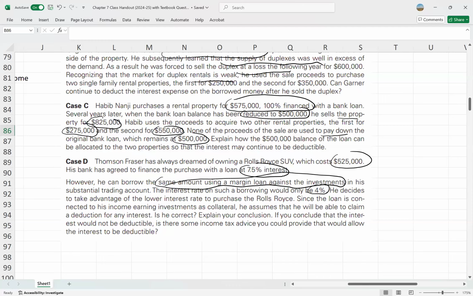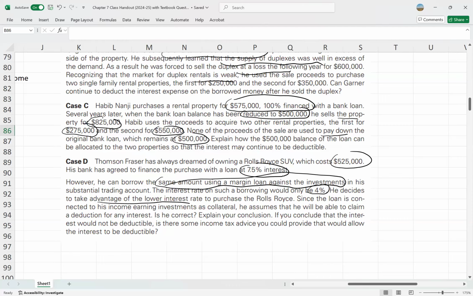And because of that, he's going to take advantage of this lower interest rate and take the loan out using his investments as collateral, and purchase the Rolls Royce using that loan because it has a lower interest rate. Now he's assuming that he can claim the interest as a deduction because it's connected to his trading account where he is trading shares and earning income.